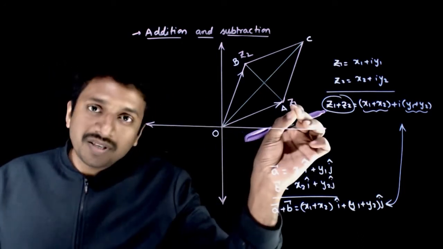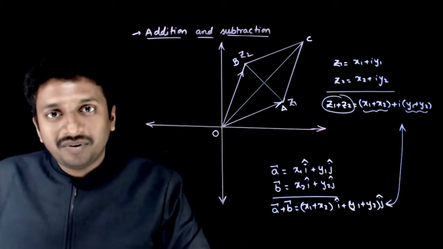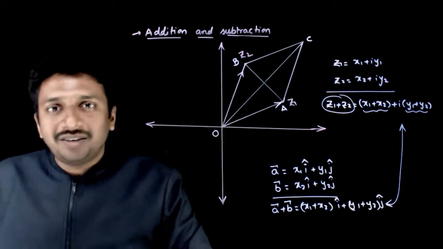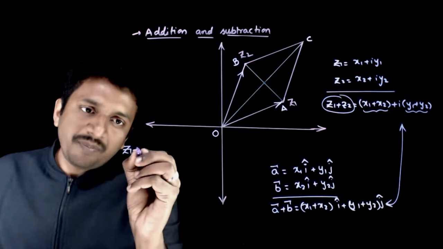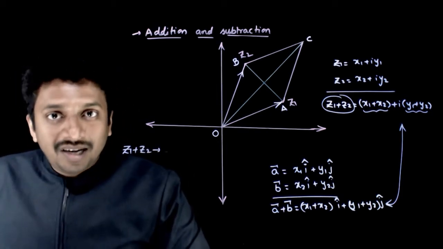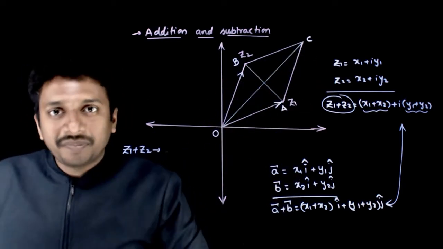So z1 represents a vector joining the origin with the point z1. z2 represents a vector joining the origin with the point z2. So now what is z1 plus z2? So z1 plus z2 can be given by the endpoint of the diagonal after completing the parallelogram.